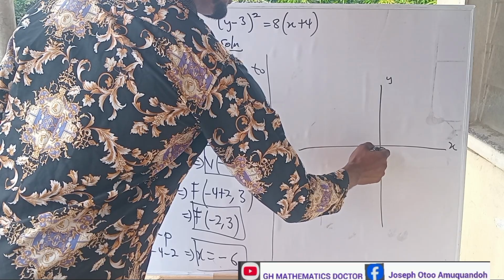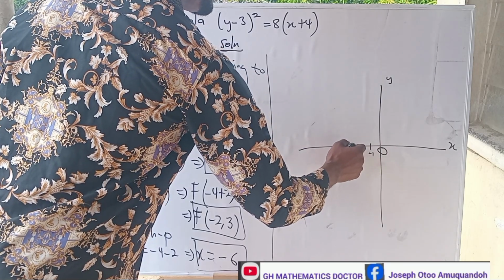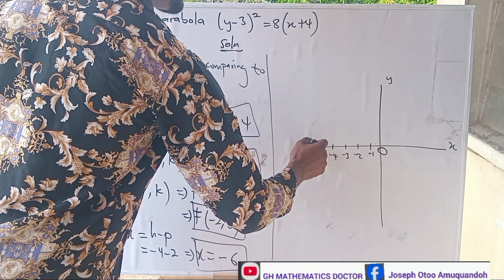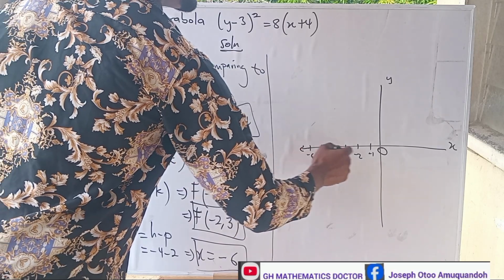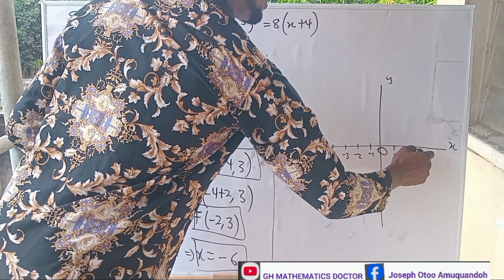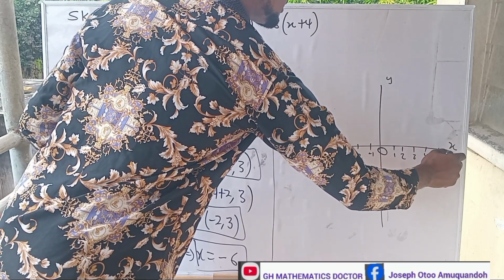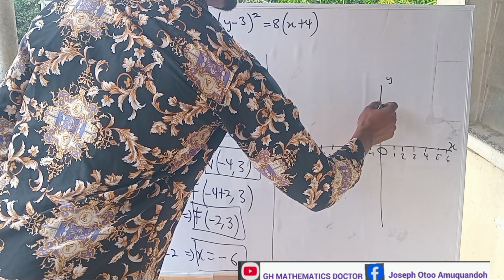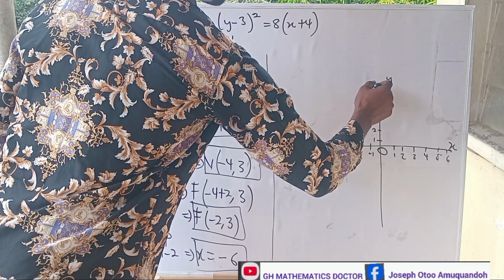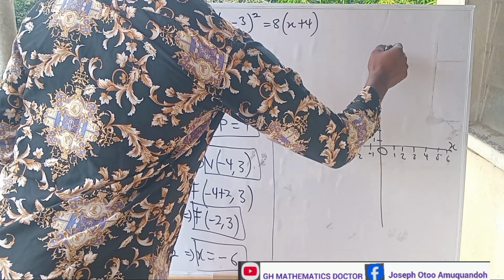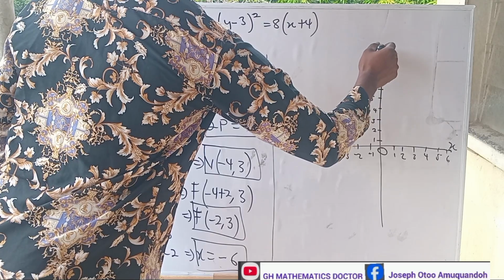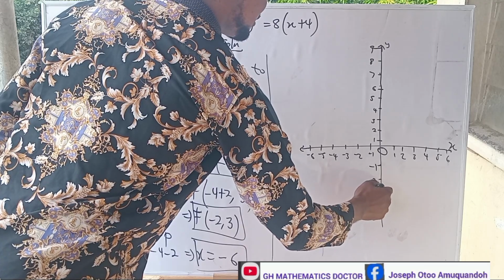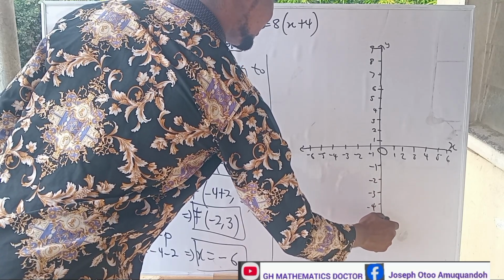So number them: -1, -2, -3, -4, -5, -6, 1, 2, 3, 4, 5, 6, 1, 2, 3, 4, 5, 6, 7, 8, 9, -1, -2, -3, -4, -5.